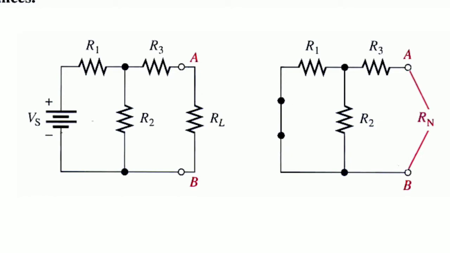R1 and R2 both are in parallel. That means R1 into R2 by R1 plus R2. That parallel resistance is in series with R3.